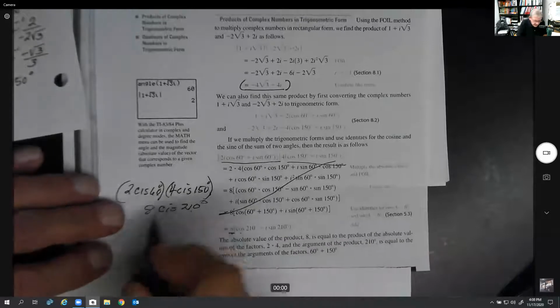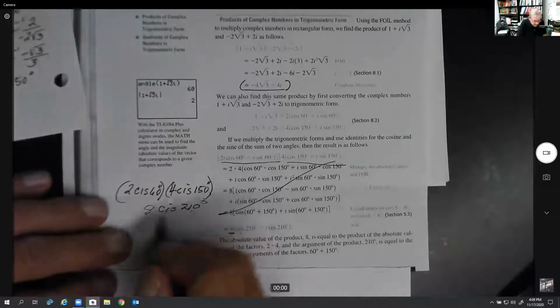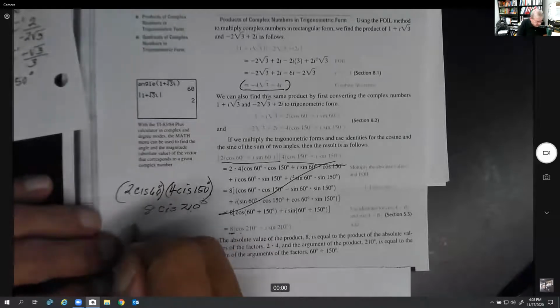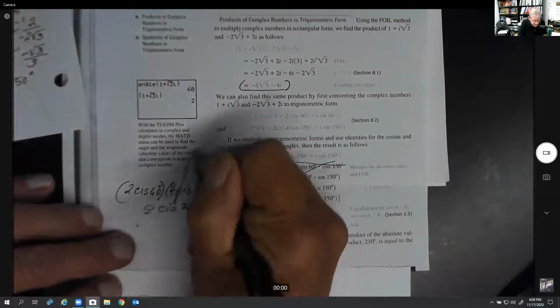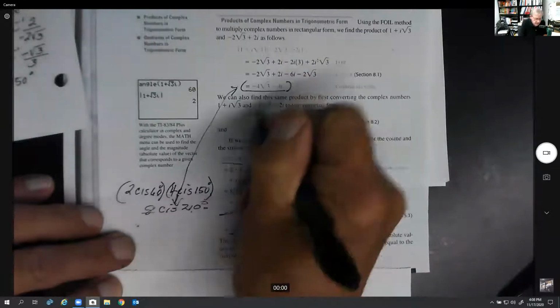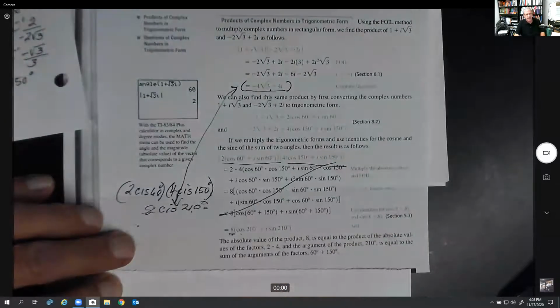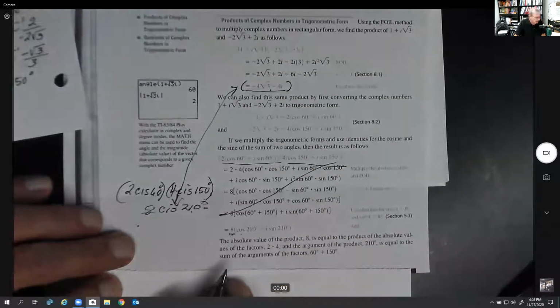And by the way, they also took this and converted it back. I'm not going to go through all that. When they converted this polar form to rectangular form, they ended up with exactly the same thing they had started out with.